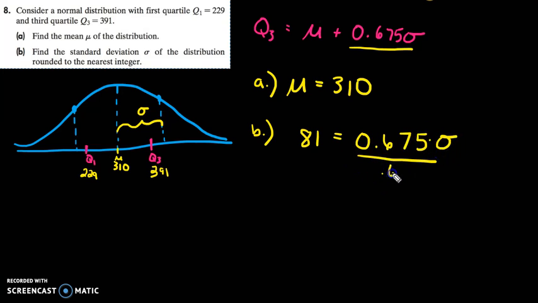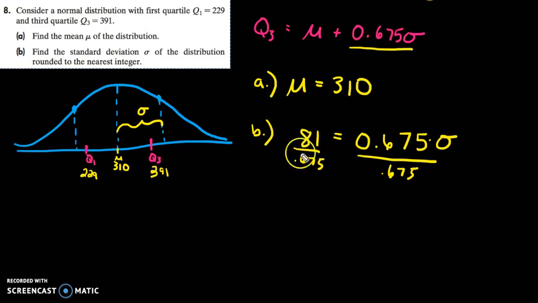So divide both sides by 0.675. And notice I'm only using part of the formula, but it's like I've already taken this part of it out. I said Q3 is 391 minus 310, so I already know the distance is 81. You can do that part ahead, or you can use the whole formula if you want to.